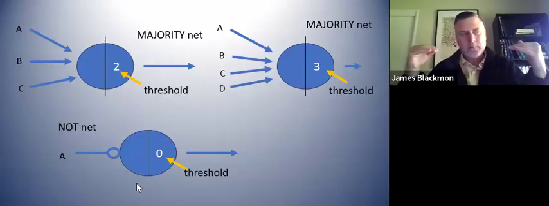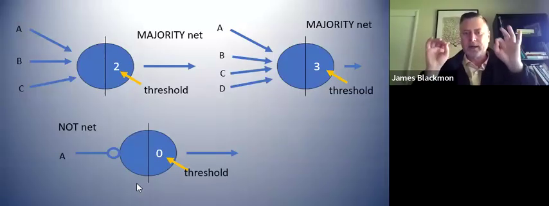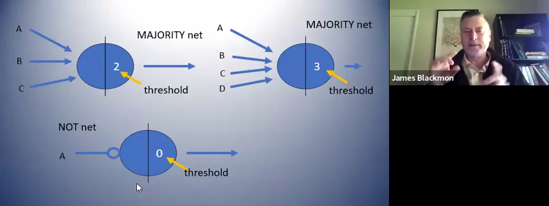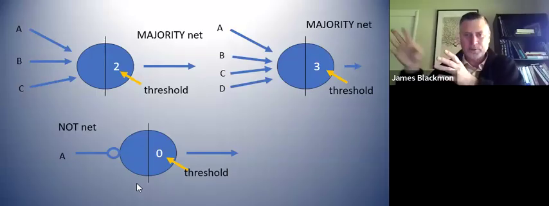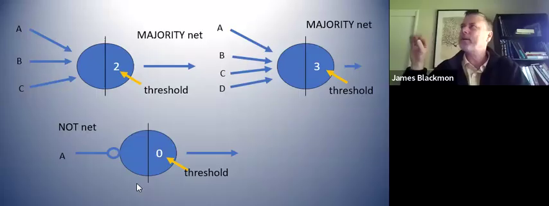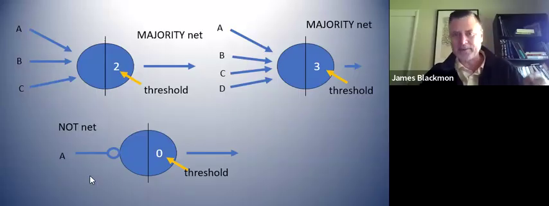But it doesn't have an arrow, it has a ring, which represents inhibition. So if it's not inhibited, then it's getting 0 input and it's producing its output of 1. It's just saying Amy's not home, Amy's not home, Amy's not home. And then Amy gets home, which means A is active and it inhibits the Amy is not home neuron.